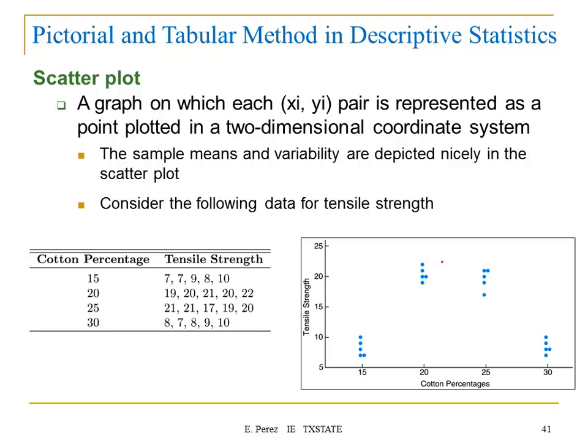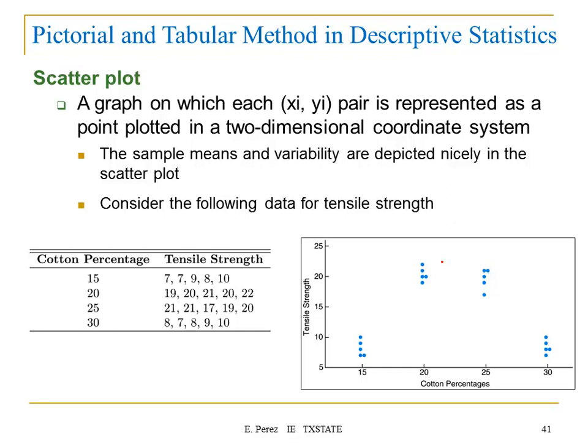In this case, we have an example that shows the percentage of column and also the tensile strength. When you look at the graph, we have tensile strength in the y-axis, and we have the column percentages in your x-axis.